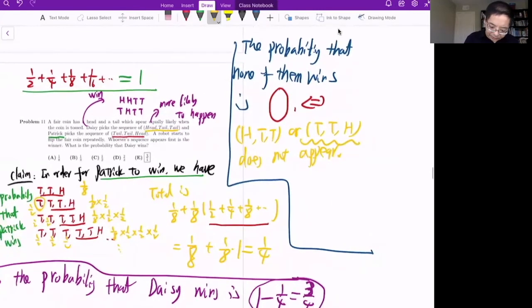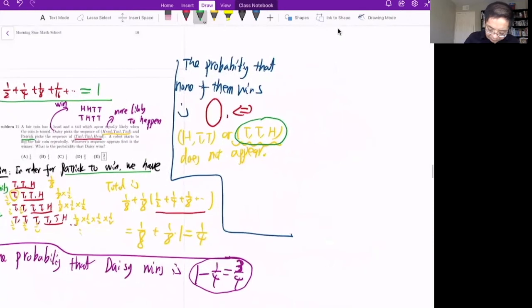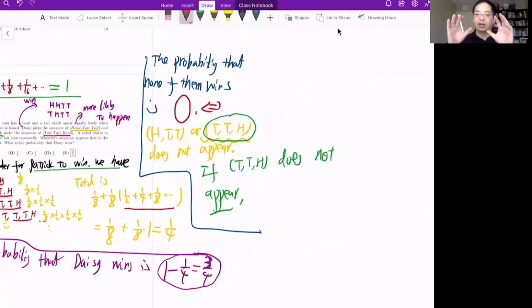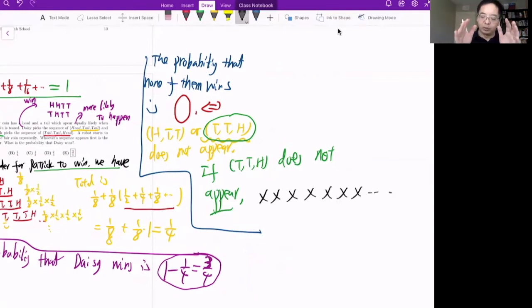Now, let's say this one does not appear, so if tail, head does not appear, let's look at what we have. Because the robot flips the coin infinitely many times, I can regroup these flipped coins into groups of 3, 3, 3.